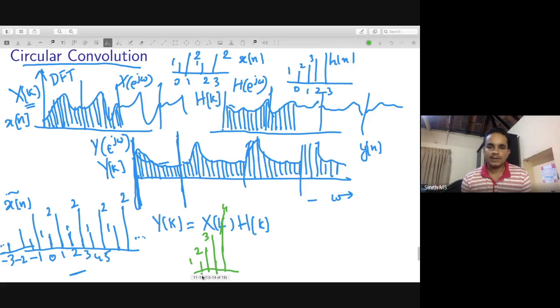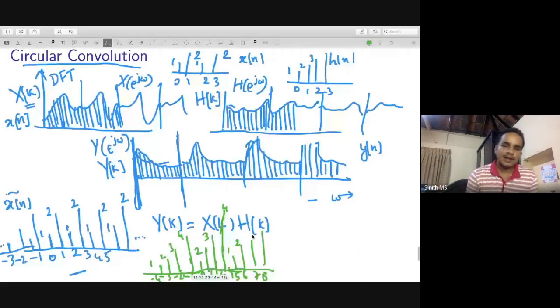So you have from 0, 1, 2, 3 this value. Again 1, 2, 3, 4, 5, 6, 7, 8. In the negative region also you have these values, 1, 2, 3, 4. So this is minus 1, minus 2, minus 3, and minus 4. So 1, 2, 3, 4.